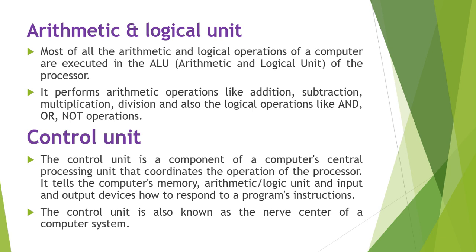It also controls the flow of data between the CPU and other devices. How? The control unit receives the input information given by the user and converts it into control signals so that it can easily be transmitted through a cable.